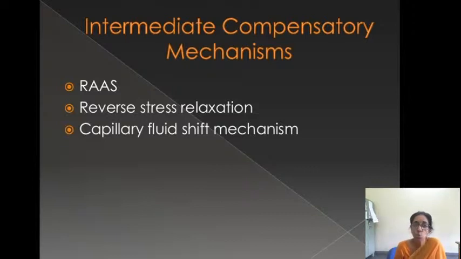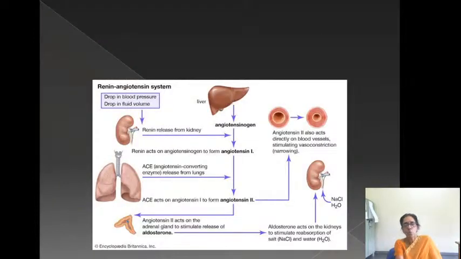the renin-angiotensin-aldosterone system. This is very important because it will bring your BP back, and also your extracellular fluid. It will maintain the BP by increasing your extracellular fluid. So when is renin released? Whenever your BP falls.